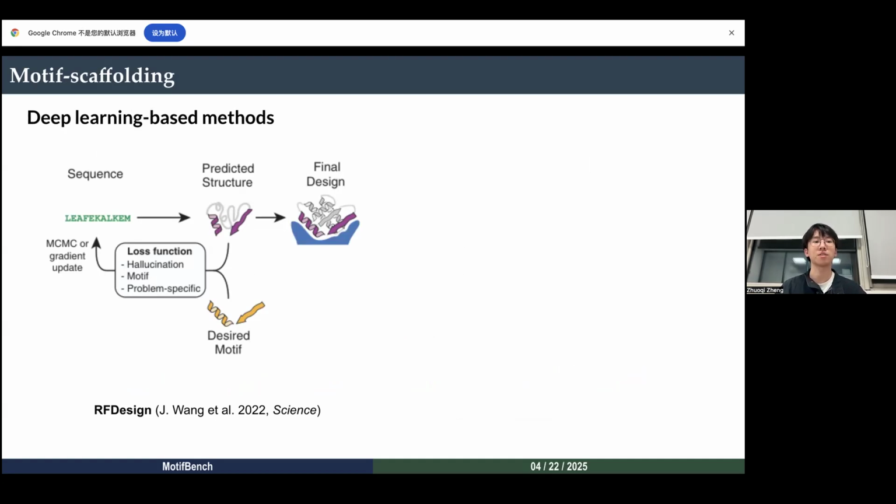Generally speaking, it starts from a random sequence and then uses a structural prediction module to get the structure of the random sequence, and then uses some loss functions upon our desired properties. For example, in the context of motif scaffolding, it might be the geometric similarity between the desired motif and the motif in the initial sequence. And then we can do some gradient updates or sampling techniques to iteratively get a sequence closer to what we call a novel scaffold containing the motifs.